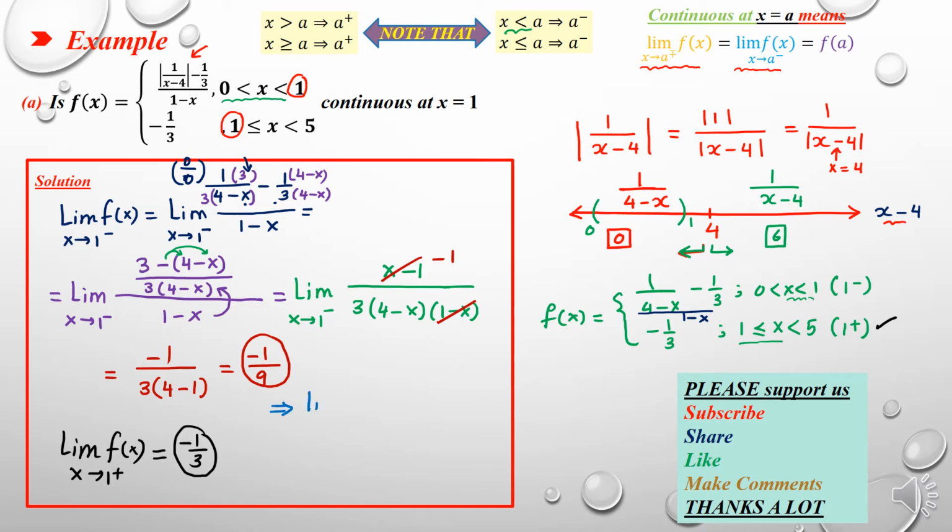So the conclusion is the limit of f of x when x goes to 1 from right does not equal the limit of f of x when x goes to 1 from left. And this leads us to say that f of x is discontinuous, or not continuous, at x equals 1.